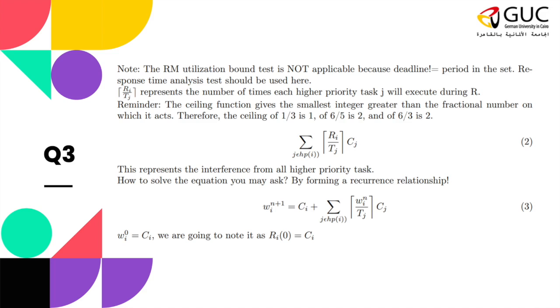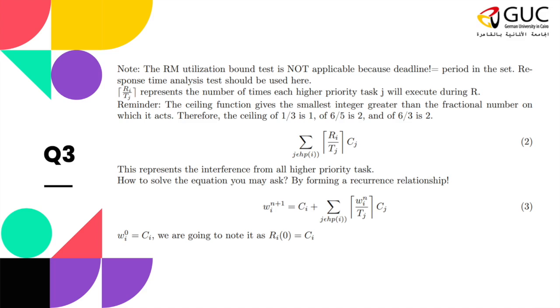Here it says W of 0 is equal to C of I. So in the very first iteration, we omit the second part of the equation and only have the first part, which is C of I. We note it as R of I, 0, equal to C of I. So I'll be calculating R of I, 0, R of I, 1, R of I, 2, R of I, 3, and so on.